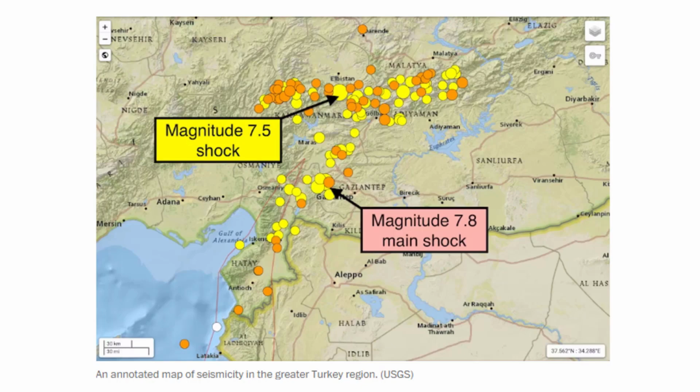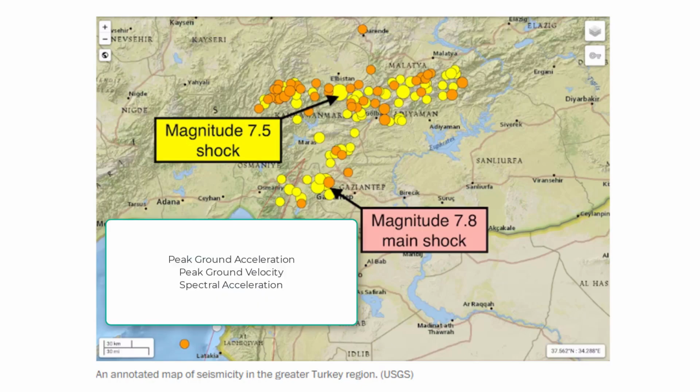For a layman to understand how powerful the earthquake was, the Richter scale or this kind of magnitude is very helpful. But for a structural engineer evaluating the demand and strength of the structure during an earthquake, these scales barely matter. Rather, structural engineers look at parameters like peak ground acceleration, peak ground velocity, spectral acceleration, and so on.